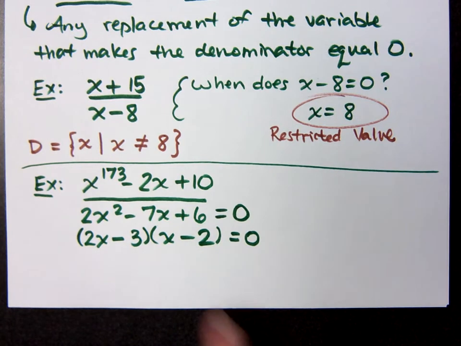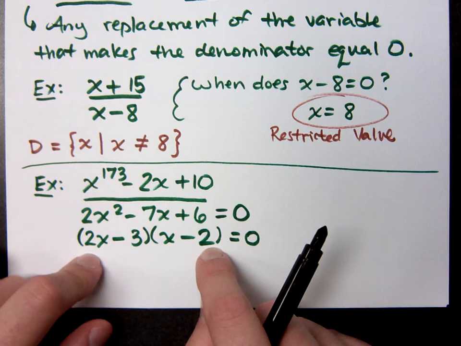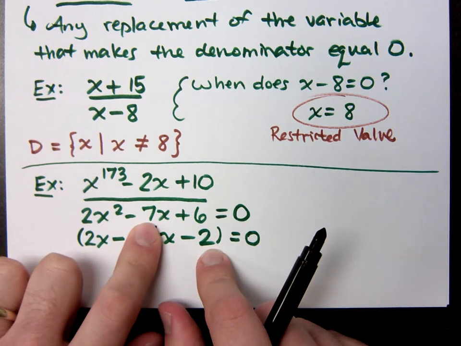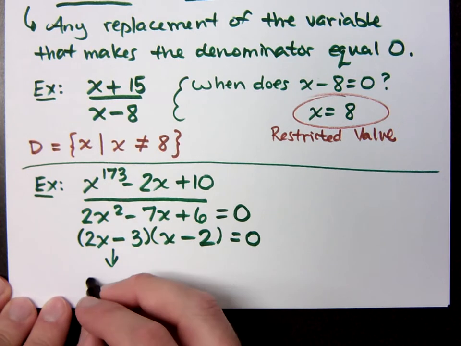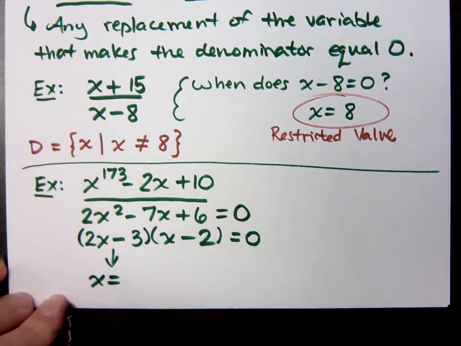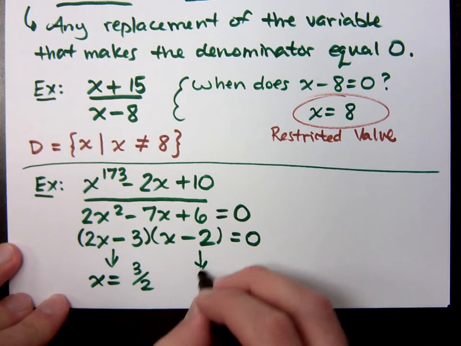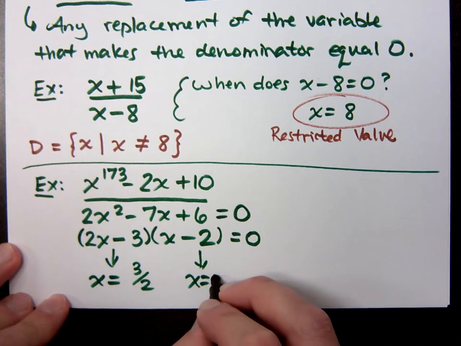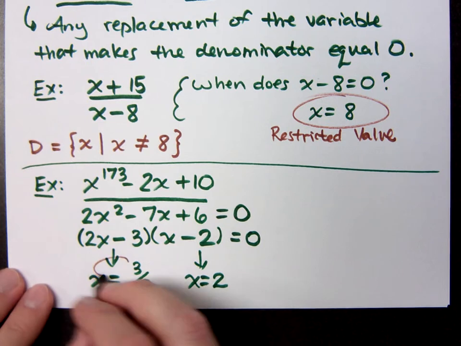Yes. I get a negative 3x and a negative 4x, which combined give me a negative 7x. So I solve each of these. That means x must be positive 3 over 2, or 2. These are my restricted values. These are the bad guys, all right?